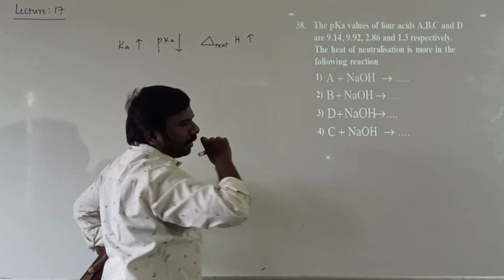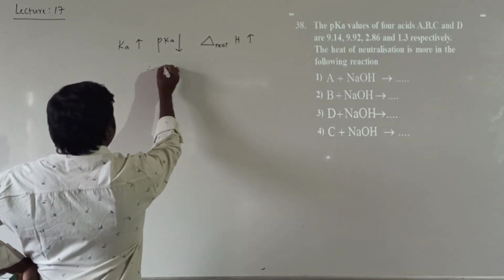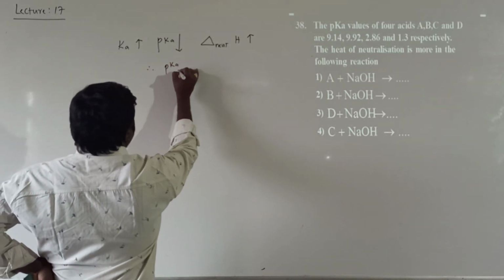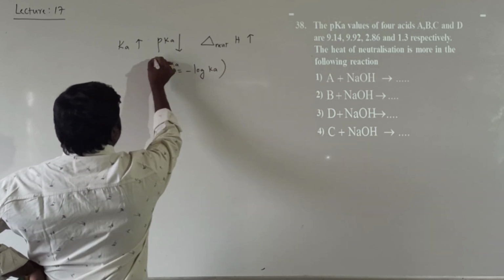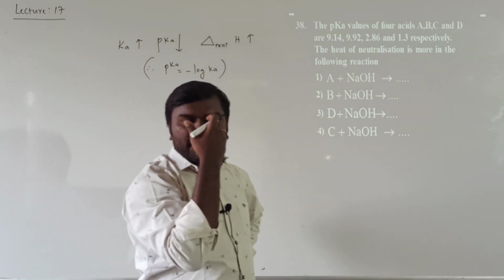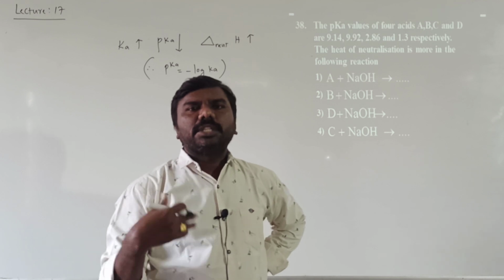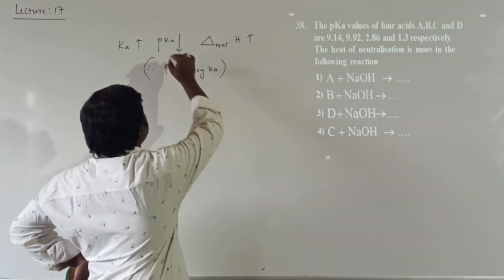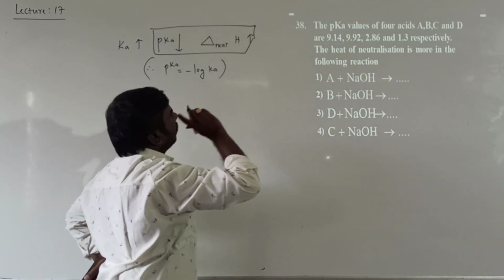This is the relation already discussed, because pKa is equal to minus log Ka. Negative logarithm is there, that's why Ka and pKa are inversely proportional. Ka increases, pKa decreases, neutralization increases. Correct?